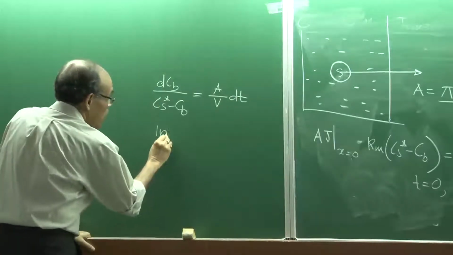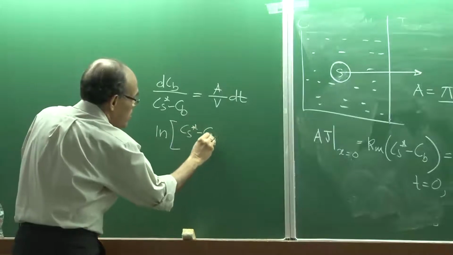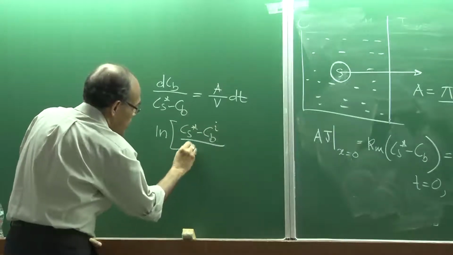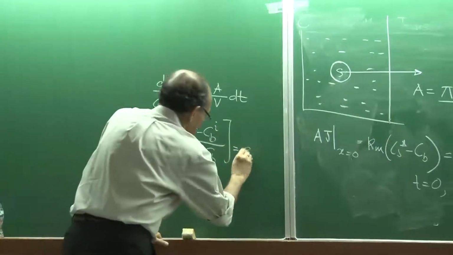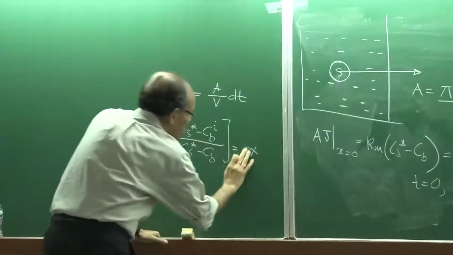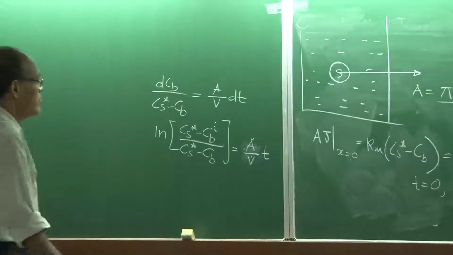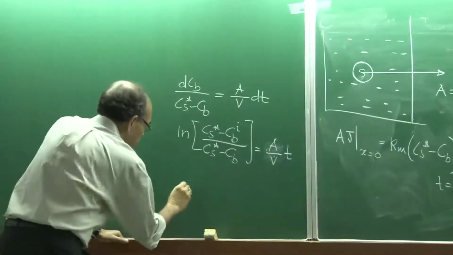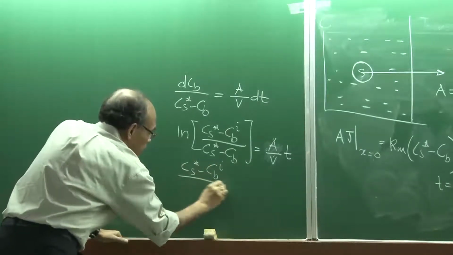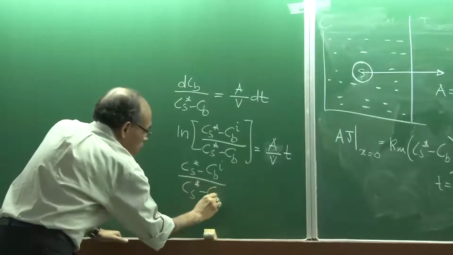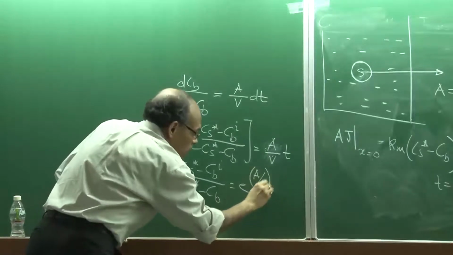If you integrate and apply the initial condition, then we have ln of Cs star minus Cbi over Cs star minus Cb equal to A by V into T, so Cs star minus Cbi over Cs star minus Cb is equal to e to the power A by V into T.